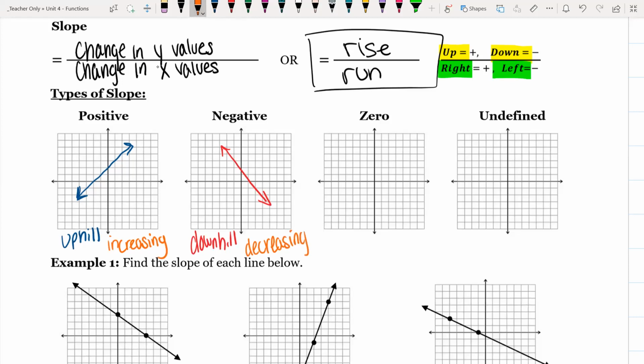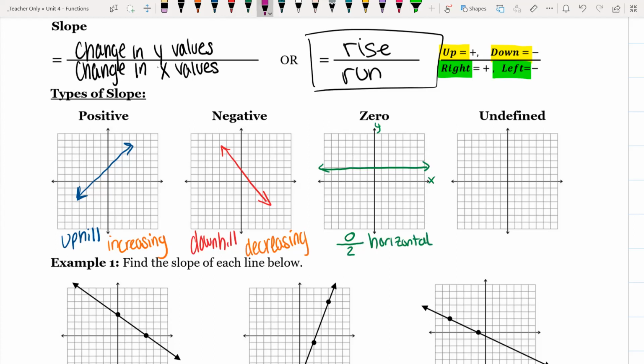A zero slope is when we don't run at all. So a zero slope is like 0 over wherever you draw that horizontal line. So since this is y and this is x, it'll be 0 over 2, right? So it's a horizontal line.